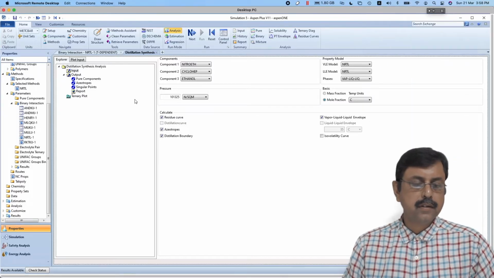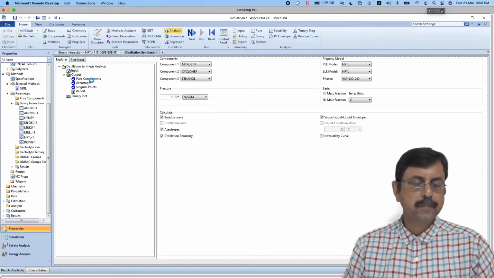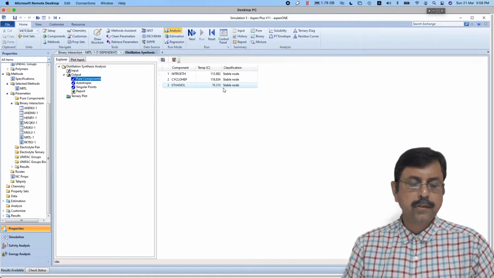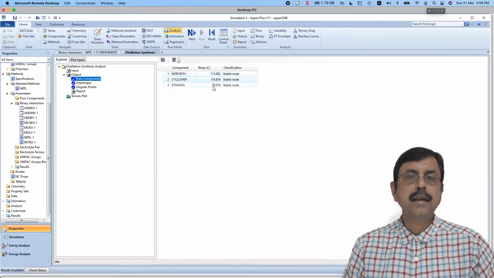Now let us go to the pure component first. Let us see what they are. So it says stable node. So the pure component stable nodes are actually the boiling points of nitroethane, cycloheptane and ethanol respectively.